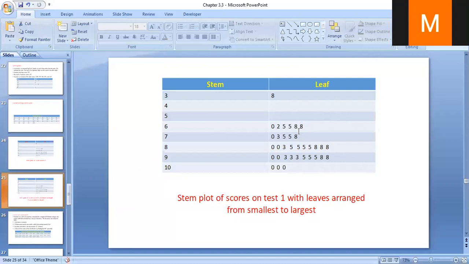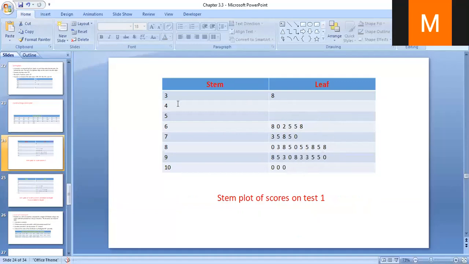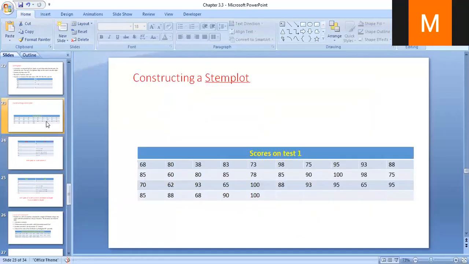You arrange from the small to the last. This is how you turn on the block from the table.